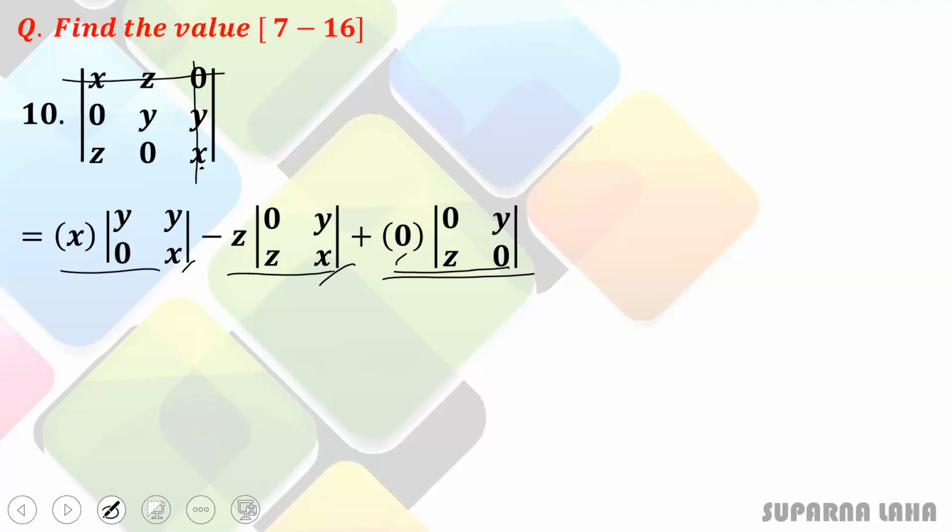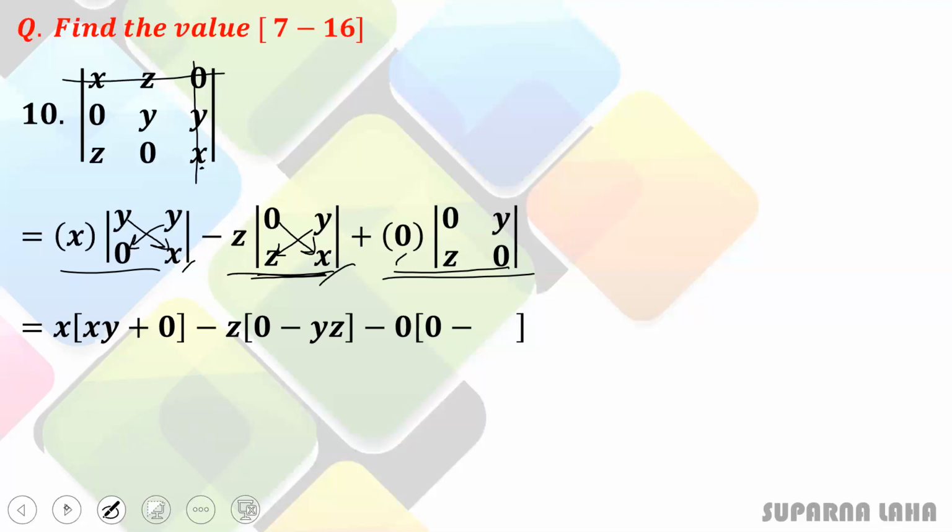So X into, this is Y into X, XY, Y into 0, 0, that means XY minus 0, and 0 into X, 0, minus of Y into Z. So minus YZ is the determinant value here. Write down X into XY plus 0, and minus Z into 0 minus YZ, and this will be 0.